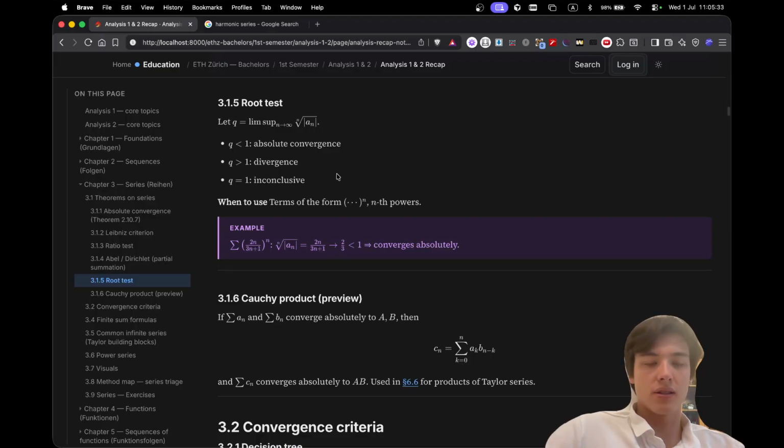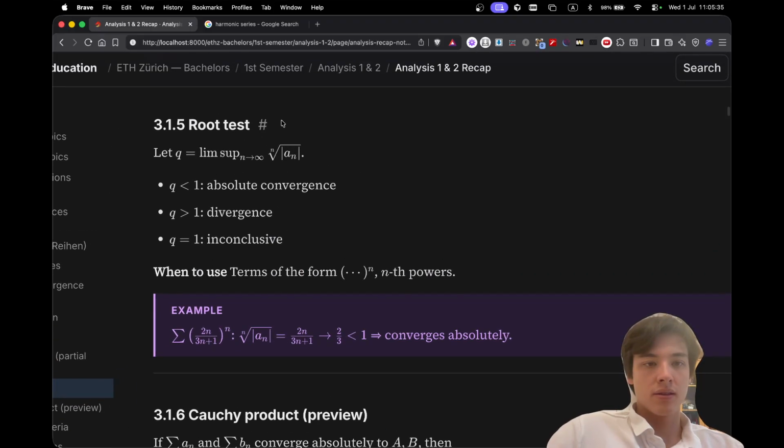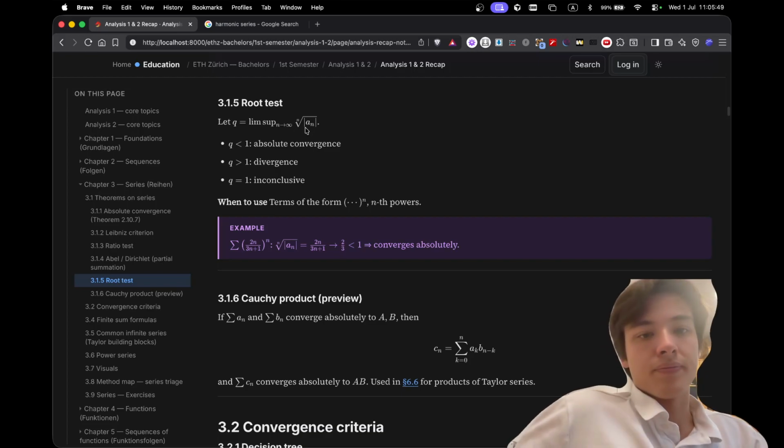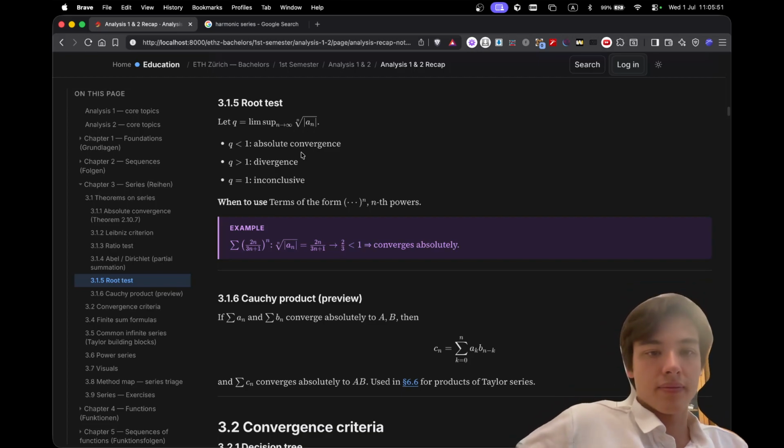Now let's look at the root test. Let q equal this, the limit superior as n goes to infinity. If q is smaller than 1, then it converges. Larger than 1, then it diverges.